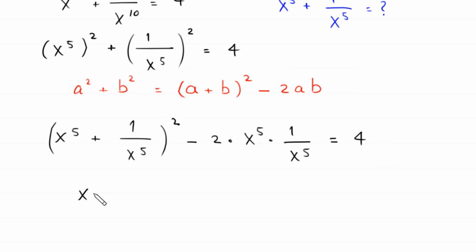Next, this x to the power 5 will be cancelled out with this x to the power 5, and here we are left with negative 2 is equal to 4.